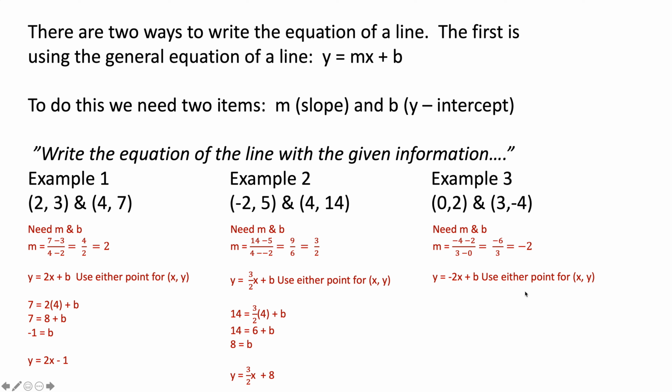I think I'm going to have to make a correction here again in a minute. y equals negative 2 times 3 plus b. So negative 2 times 3 is, oh, I forgot the negative in front of that 4 also. So let me go through and fix that in just a minute.